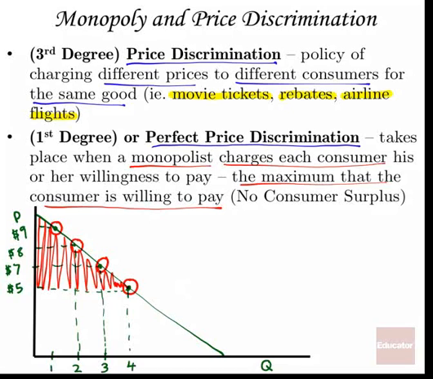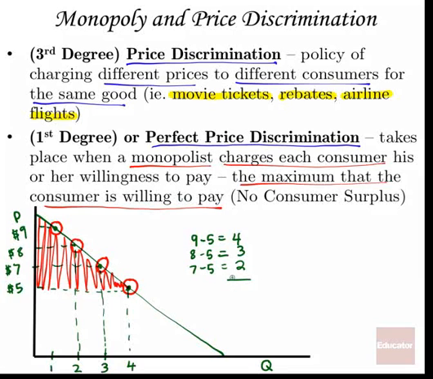Now, in terms of consumer surplus, the amount of consumer surplus that's lost, well, let's take a look here. So 9 minus 5, so that's 4. So there's a negative 4. That 4 consumer surplus area is gone. 8 minus 5, you have 3. 7 minus 5 equals 2. And then the fourth consumer, because he was only willing to pay $5, there's no consumer surplus that's lost.